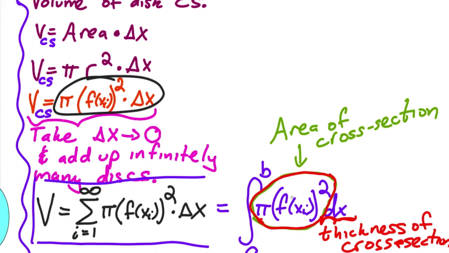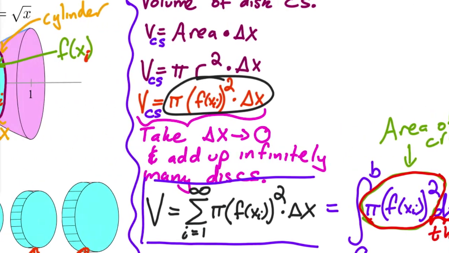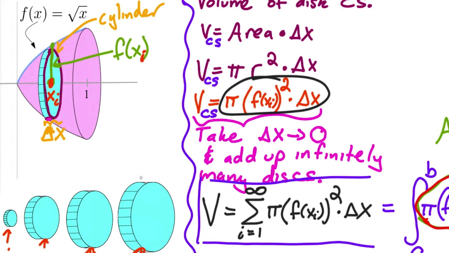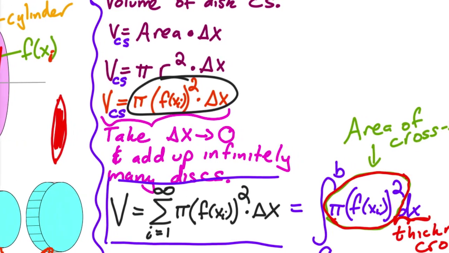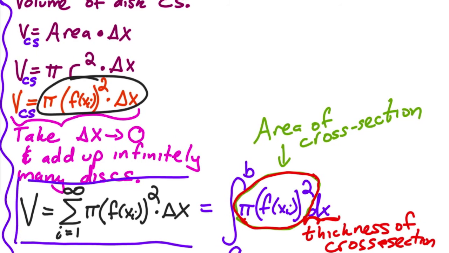But these are infinitely thin, so it's like wafer-thin little discs, flattened to the point where they're just a flat wafer. And then you're just adding all of them up, and when you add them all up, that gives you the entire volume inside of there. Absolutely amazing that you can find that.